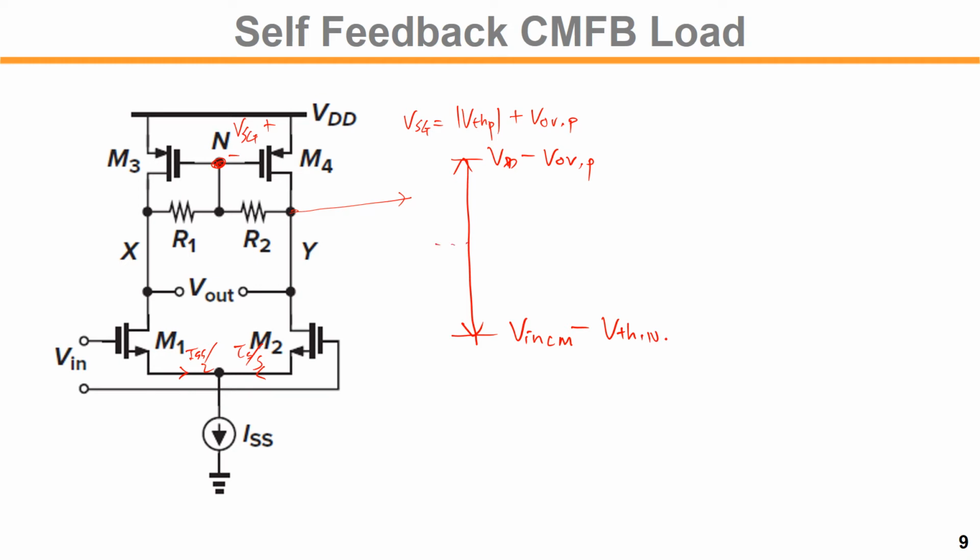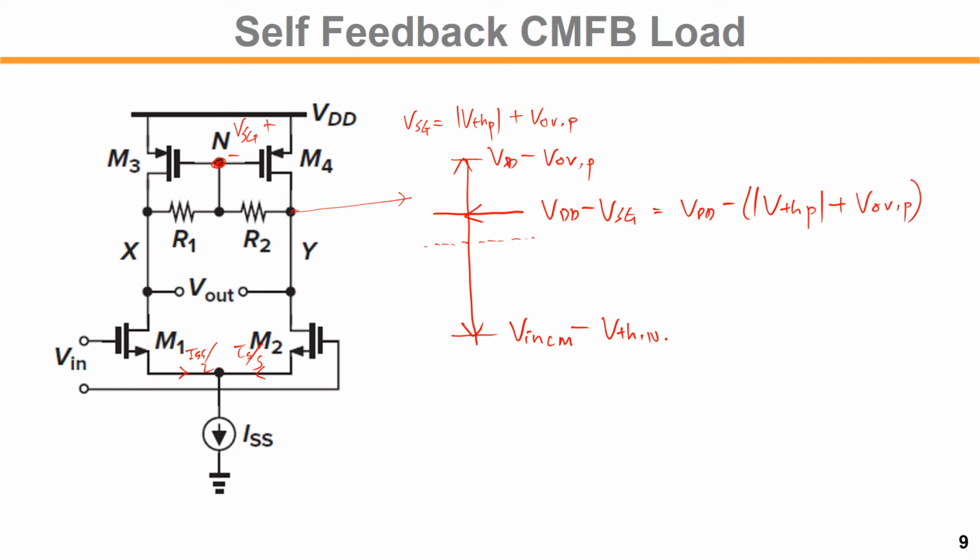For an ideal swing range, we want the output to be in the middle of this output swing range, but because of this self-feedback, where is the output common mode biased? At the feedback, that voltage would be VDD minus VSG, which is VDD minus VTHP plus the overdrive voltage.